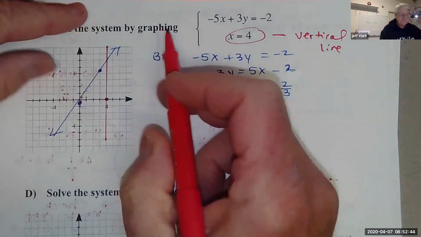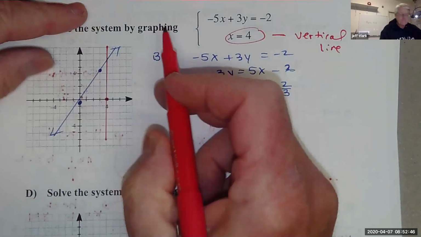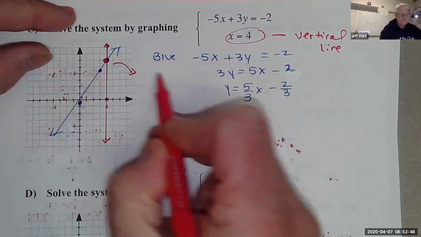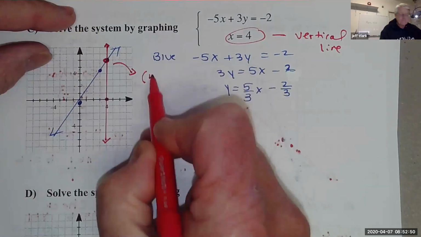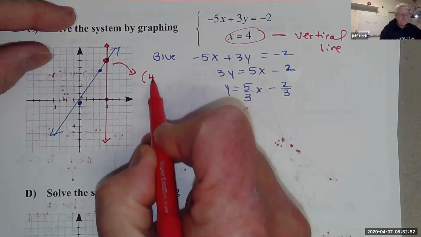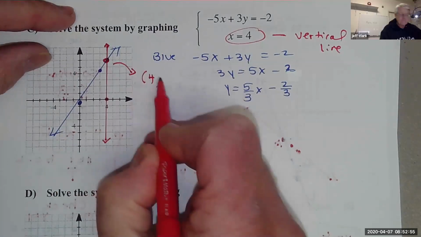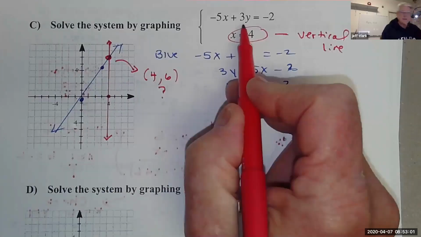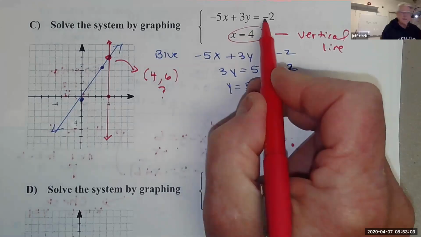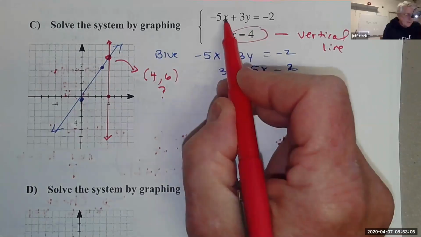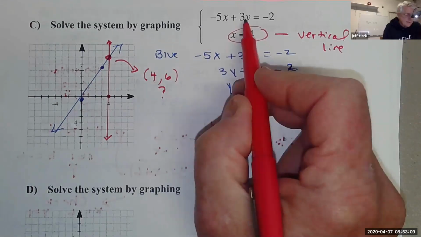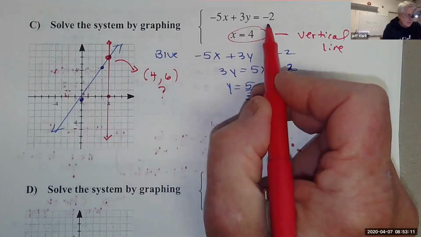It looks like right here is the answer. I wonder if 4 comma 6 might be the answer. So I'll put a 4 here and a 6 there and see if I get -2. Okay, 4 times -5 is -20, 6 times 3 is 18. -20 plus 18 is -2. Looks like it's true. I think that's the answer.